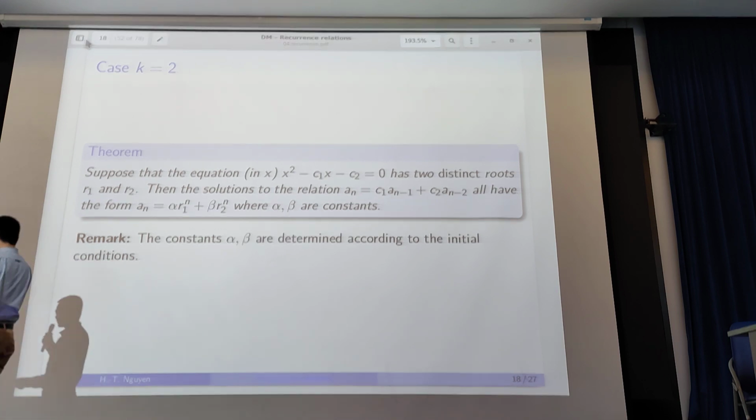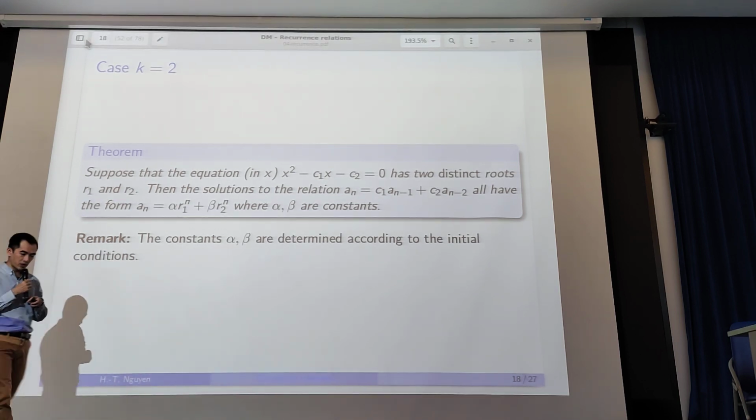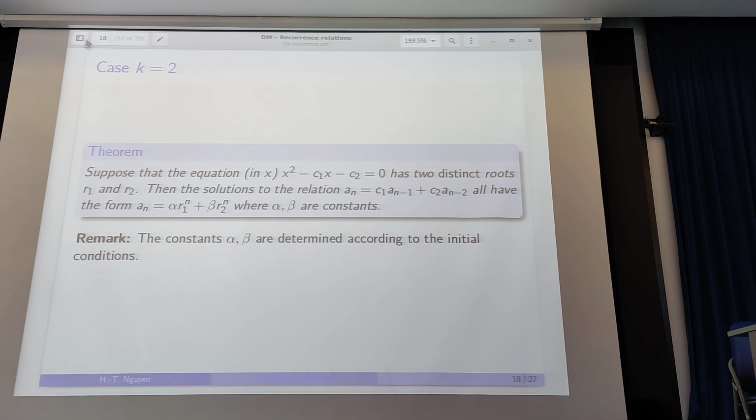Here we already know that for our Fibonacci sequence we have two distinct characteristic roots. One of these, 1 plus square root of 5 divided by 2, is what is called the golden ratio in art and architecture. So that's why there's a tight connection between Fibonacci numbers and the things you measure.